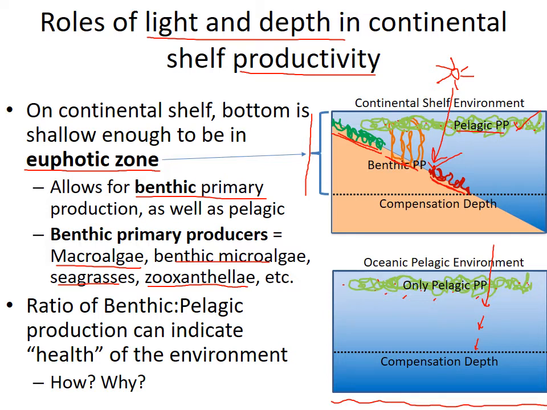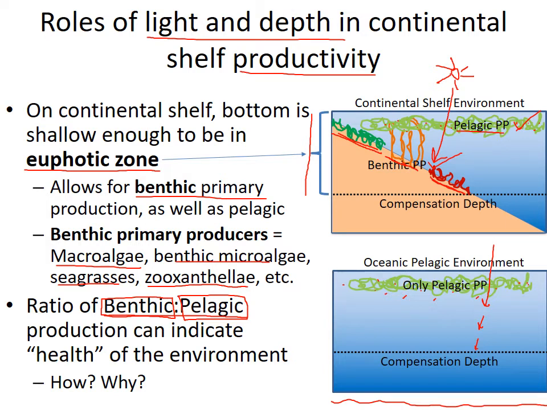And scientists who study primary production and overall ecosystem health in continental shelves will often quantify the ratio of benthic to pelagic primary production. So basically, you measure how much production of seaweeds and seagrasses and kelps and stuff there is, which gives you your benthic primary production, and then you measure how much production of phytoplankton there is, and that gives you your pelagic primary production, and you do a ratio.